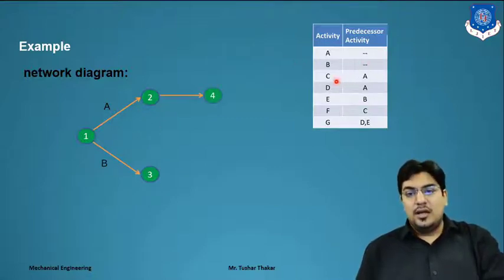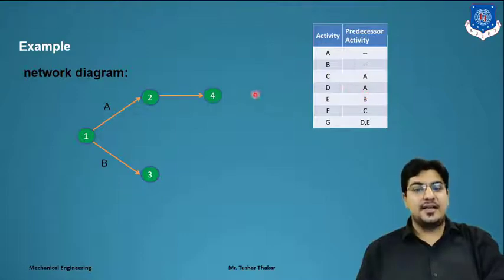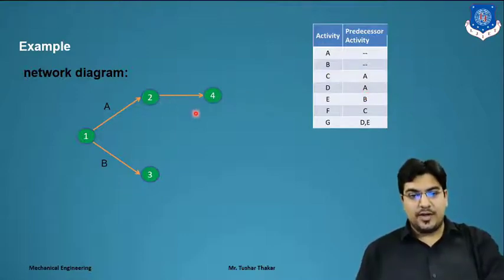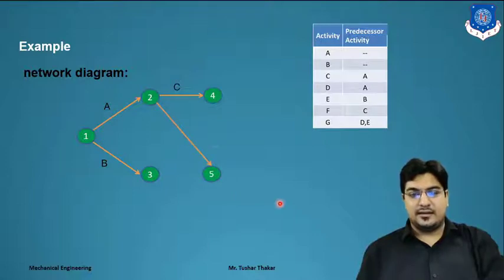Now activity C is dependent on A, and activity D is again dependent on A, which means we have to draw two arrows from node 2. So from node 2 we draw one arrow to node 4, indicating activity C, and again 2 to 5, that is activity D.